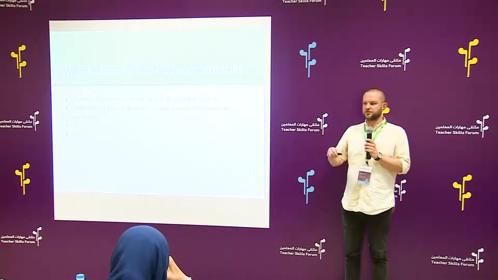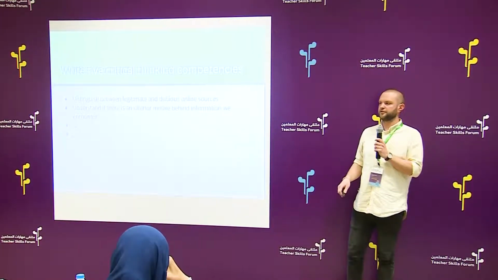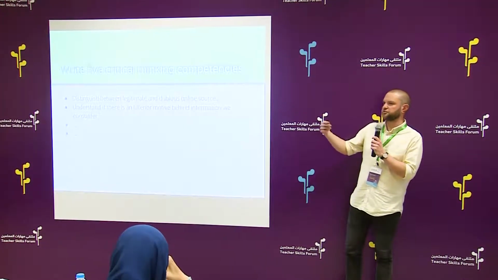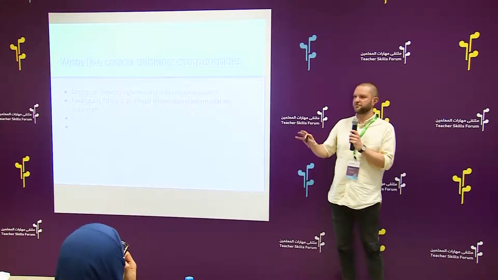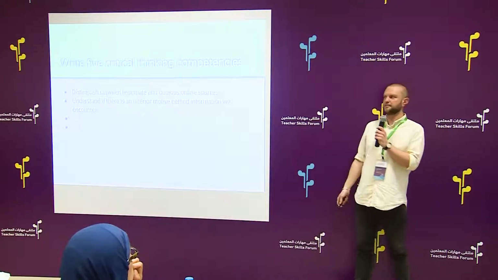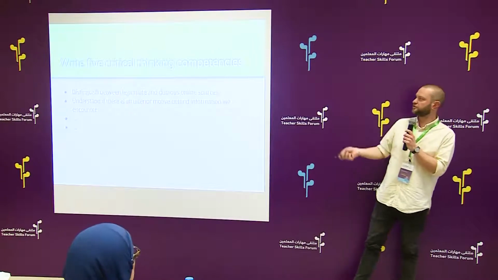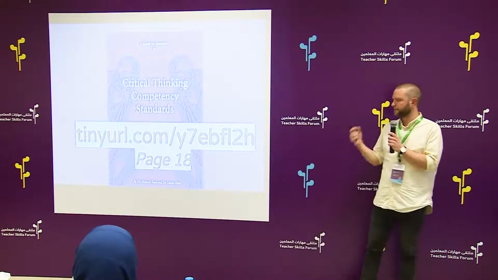So what I'd like you to do, on your own, or with a partner if you've only got one device, is read through and see the sorts of competencies that they've defined. Just as a warning, this is quite an in-depth list, so I'm not suggesting that you try and tackle all of these things, but it's a useful resource. I'll give you a couple of minutes to compare what you wrote to the things in this document. And this is the URL here.